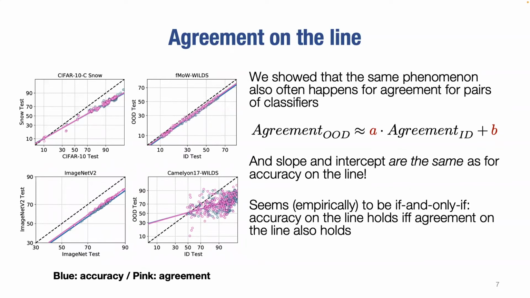But when accuracy on the line holds, when you have this phenomenon called accuracy on the line, which doesn't always hold, by the way, there are data sets like this one here where it doesn't actually hold. It can be violated sometimes. But when accuracy on the line holds, then this property of agreement on the line also holds.